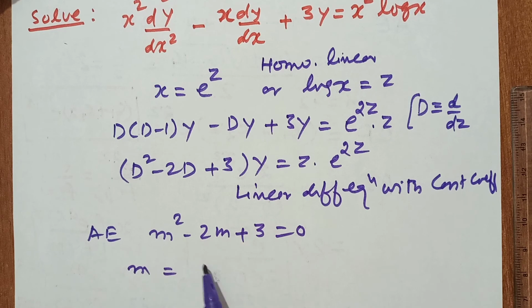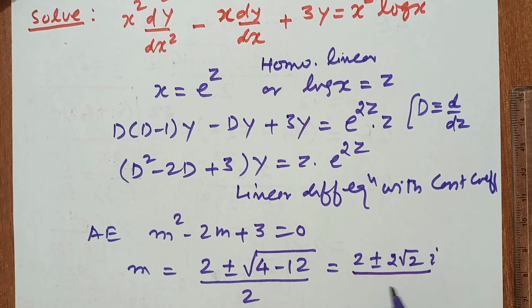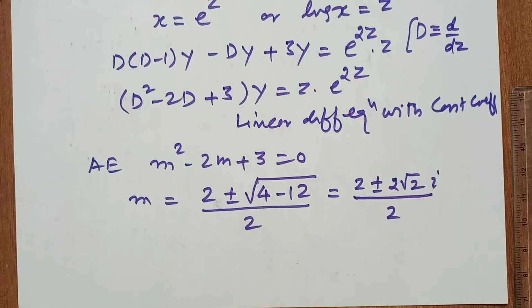So m = (−b ± √(b² − 4ac))/2a. This gives (2 ± √−8)/2, meaning 2√2 i/2. So m = 1 ± √2 i.